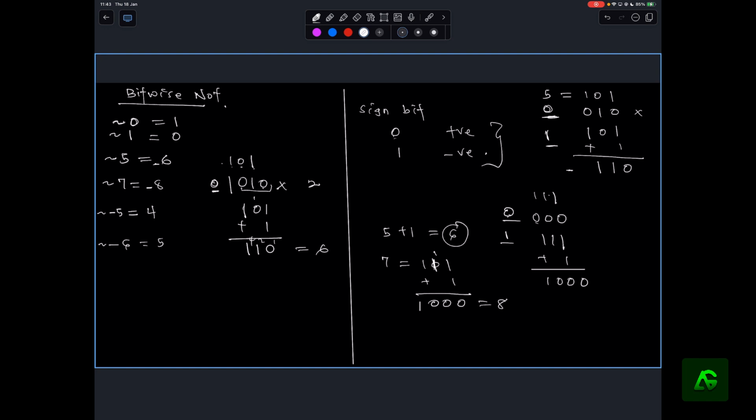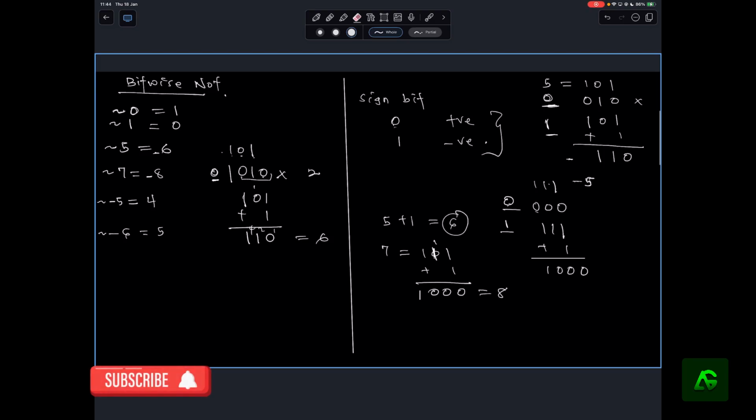Now, if we have negative of 5, for this one we'll need to flip this result. When we flip it, what will it give?